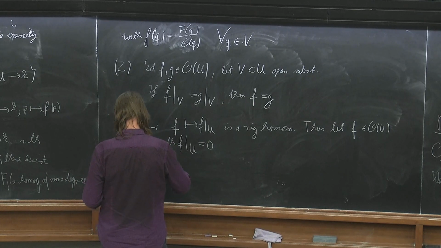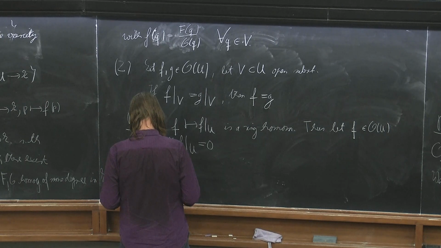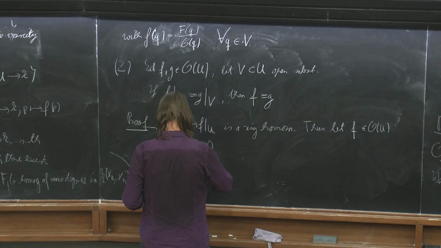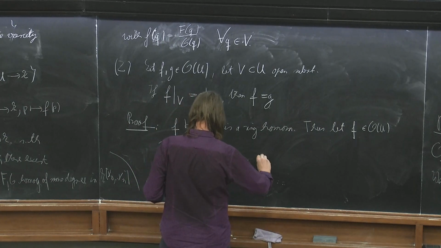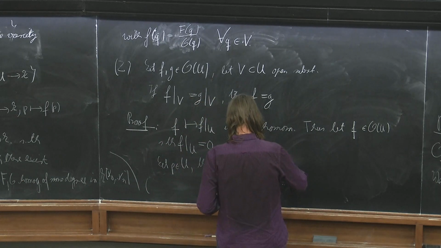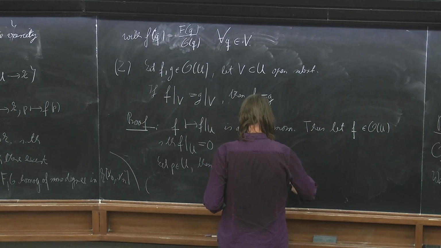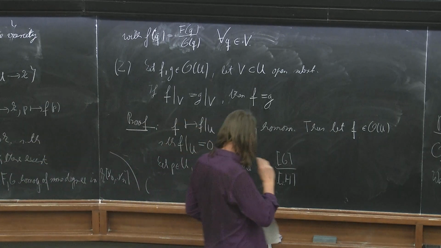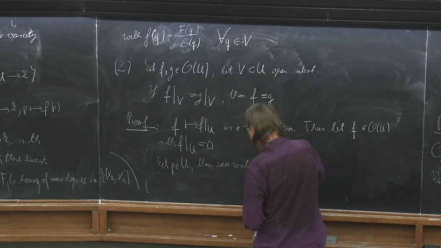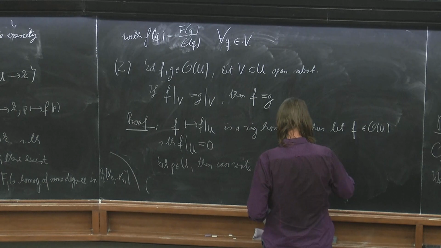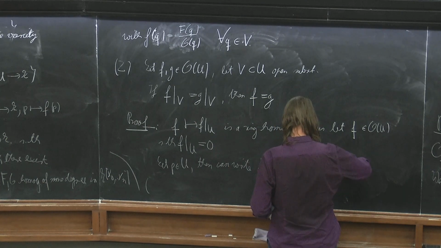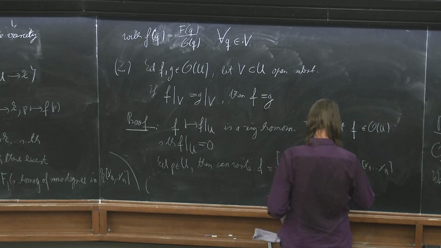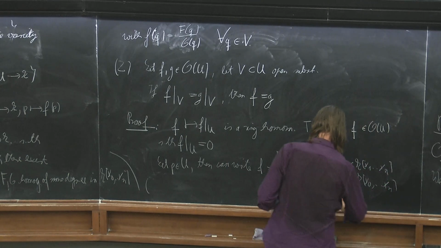So for P, we take some point P in U, then we can write this f as g divided by h, where g and h are polynomials in k[x0, ..., xn], homogeneous of the same degree.